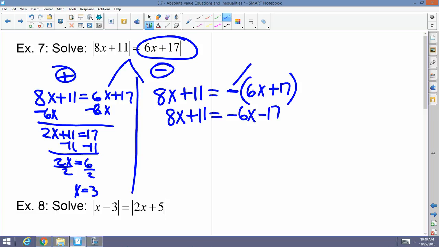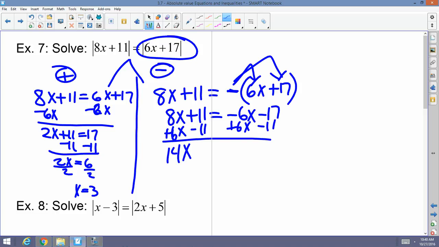I just want to show you you're multiplying that whole side by negative. You have to distribute the negative. I'm going to add 6x to both sides. So I've got 14x. Subtract 11 from both sides. Equals negative 28. Divide by 14. x equals negative 2.